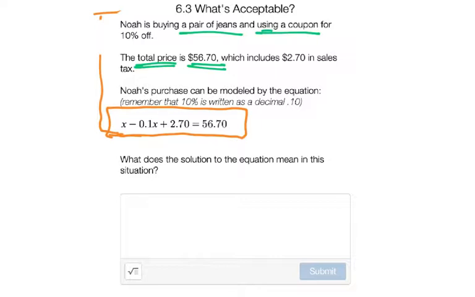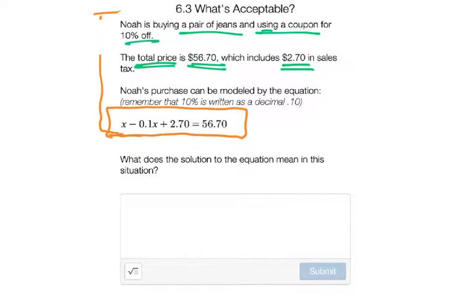And in that $56.70 is the $2.70 in sales tax that he paid. All right, so he buys a pair of jeans. I know he spent a total of $56. That 56 includes the $2.70.